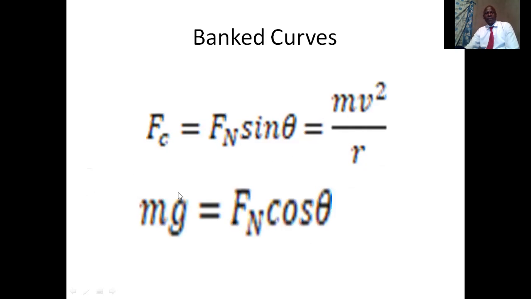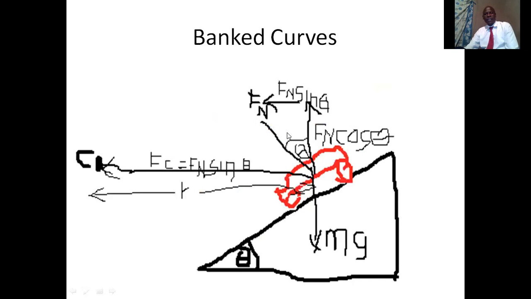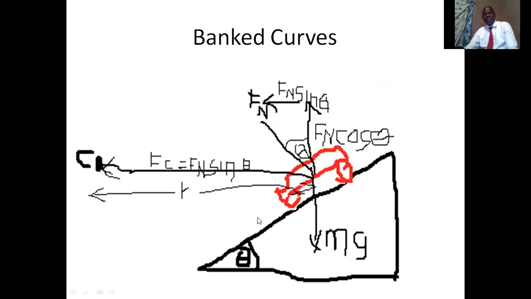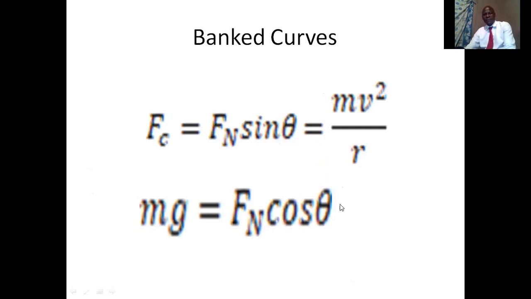And therefore, from here, again, if you check here, we said this weight is equal to the component of the normal force, which is the normal force cos theta. And this is what we have written here: mg, which is the weight, would be equal to the normal force cos theta.